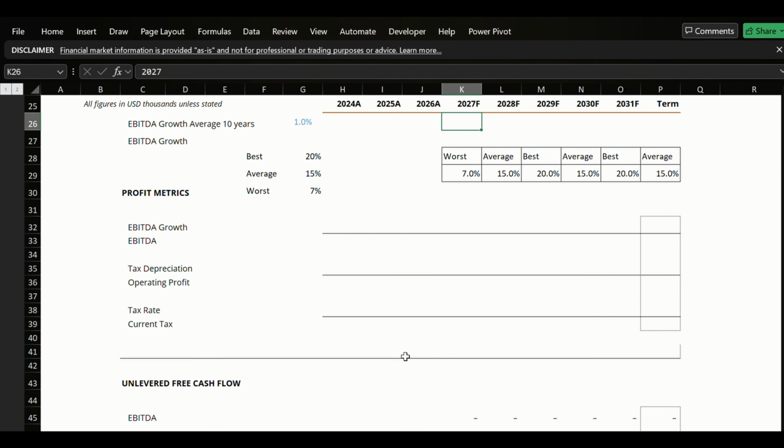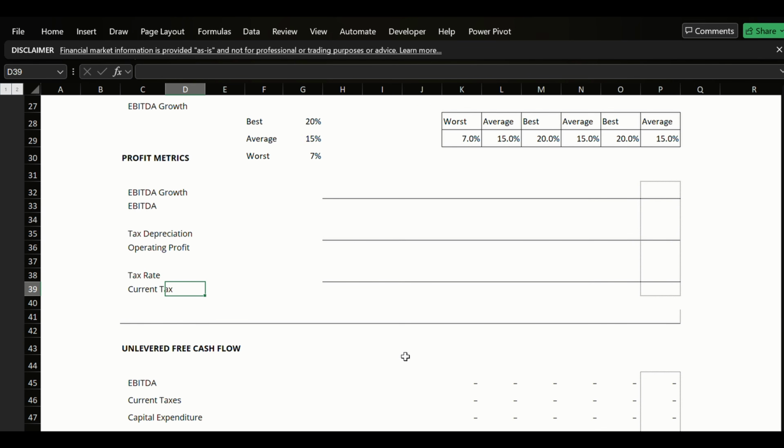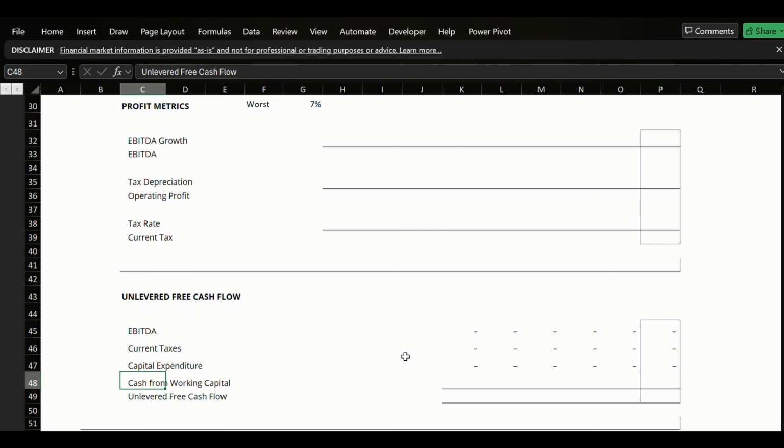Time for the cash flows, EBITDA growth. How should I do it? EBITDA growth, tax rate, and that. So I'm not going to go through the struggle of this.